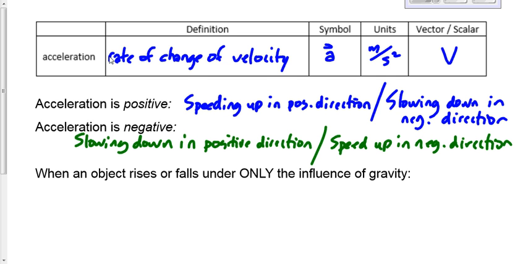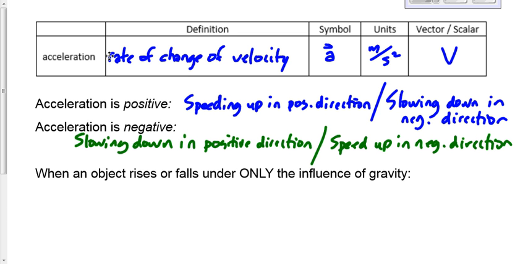Now, acceleration can be anything from 0 meters per second squared to thousands of meters per second squared. If we drop an object or throw an object up into the air, and it's under the influence of just gravity, there's no air resistance, there's no anything else affecting it besides gravity, the acceleration will always be the same.